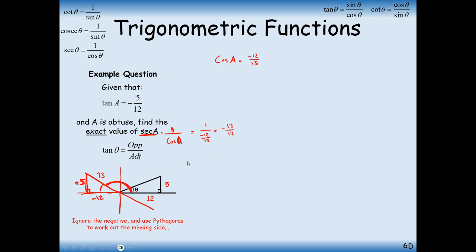So that's the ratio of sec for this example.